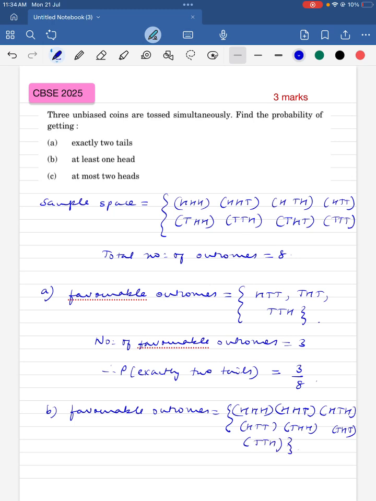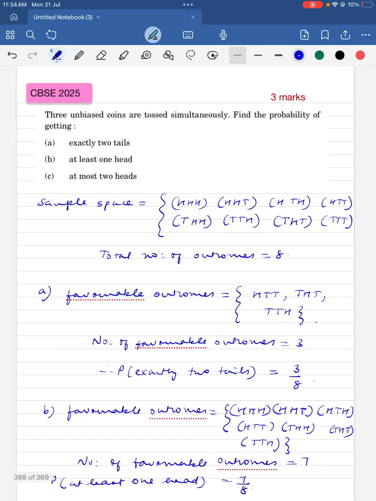Okay, so that's 7 outcomes. So the number of favorable outcomes is equal to 7. And the probability of at least 1 head is going to be 7 out of 8. That is the number of favorable outcomes divided by the total number of outcomes.